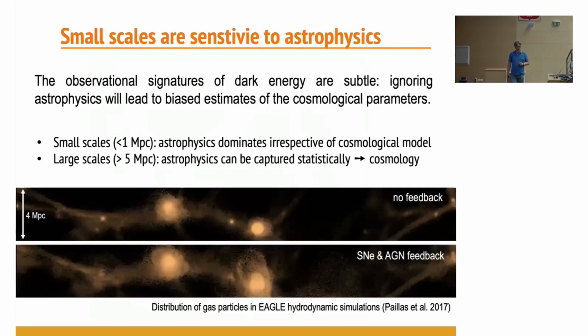But it's clear there's a lot of information there, but it's also where it gets very annoying, because baryons are being kicked around by various astrophysical processes on these scales. So on very large scales, I can approximate the astrophysics by an effective bias parameter. I know that on average things should be more or less the cosmic mean.